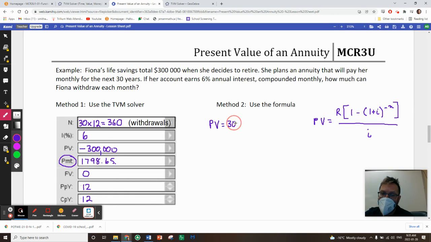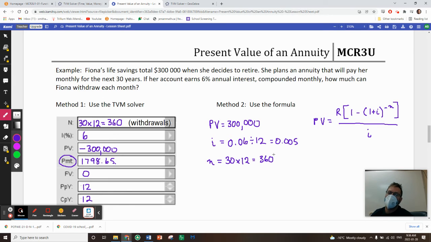It's $300,000. The i we can calculate. It's actually the same as the Josh question. It's 0.06 divided by 12. So that's 0.005. And little n, we already calculated in our TVM solver screen, but I'll write it down again. We did 30 years, monthly, 360. Interest is calculated 360 times.